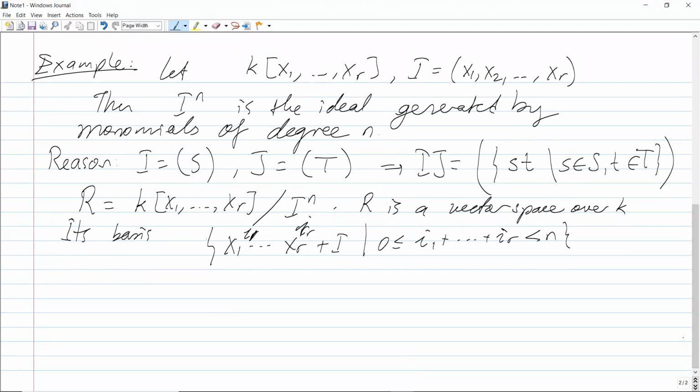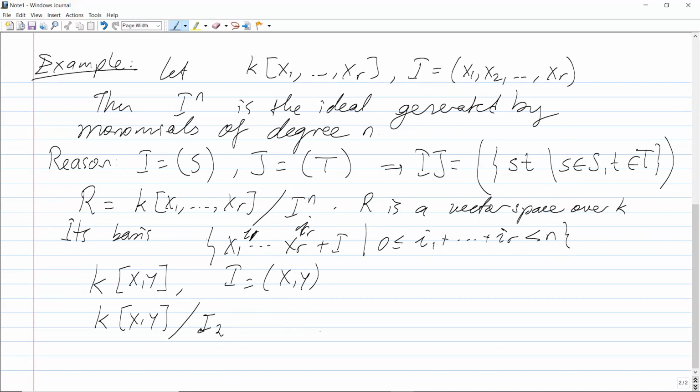An easy case. Let's take K in two variables, x, y, and in this case, let's take I to be again (x, y). Then K[x,y] over I^n, let's take n to be 2, for example.